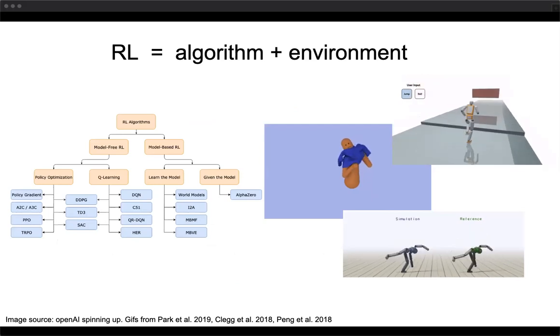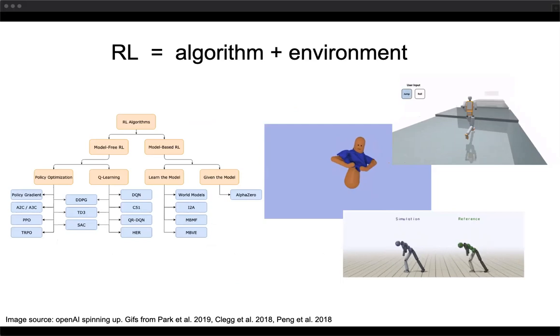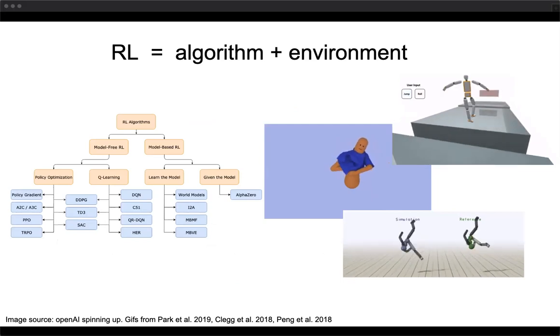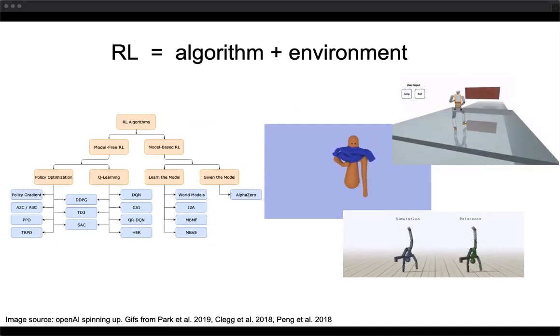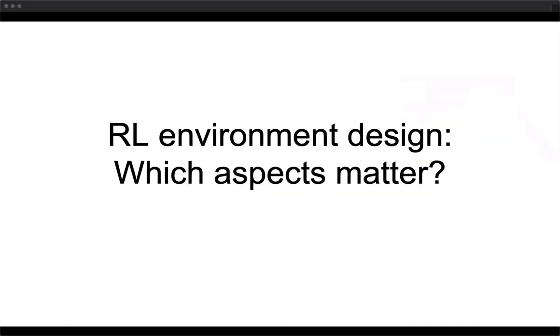Instead, both the algorithm and the environment play an important role, and understanding how one works with respect to the other is very important. What we are trying to answer in this work is which kind of aspects matter when we are designing an environment for RL, more specifically for character locomotion.